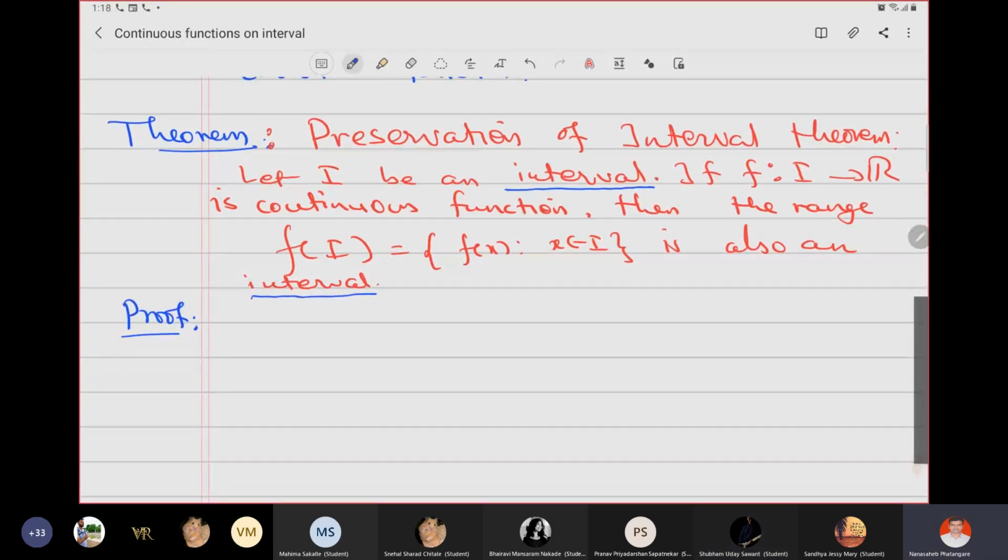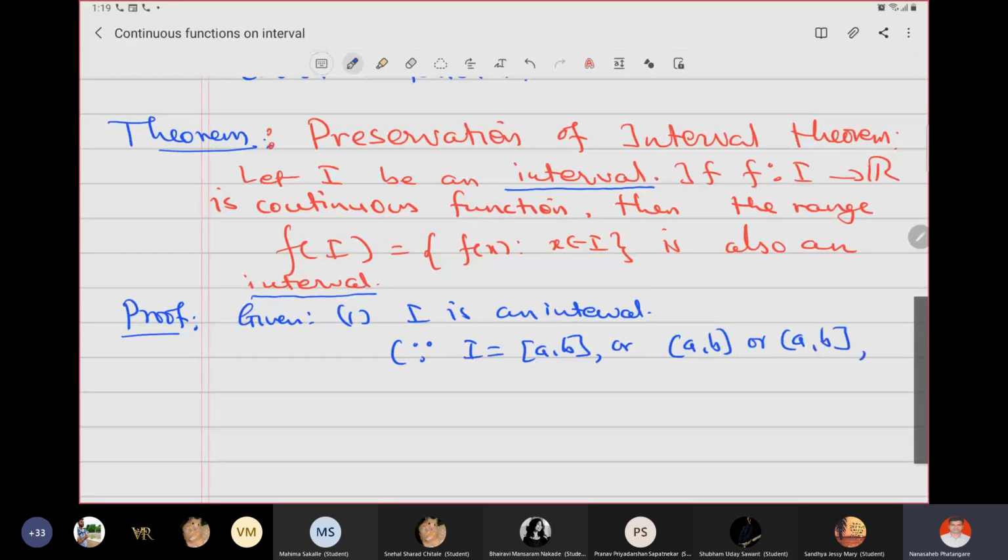Right. So okay, what do we want to prove? What is given? I is an interval. Therefore, I is of the type [a,b], or I is of the type open interval (a,b), or of the type [a,b) or (a,b].